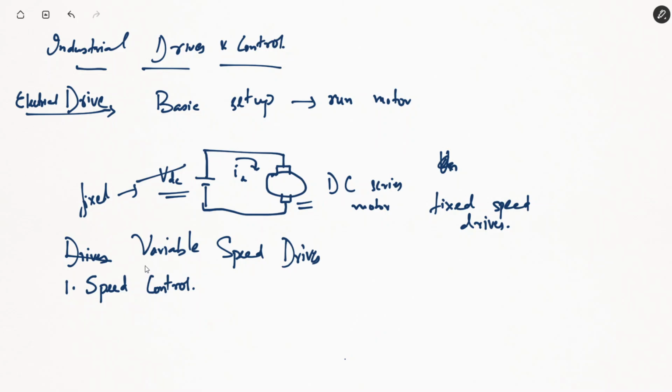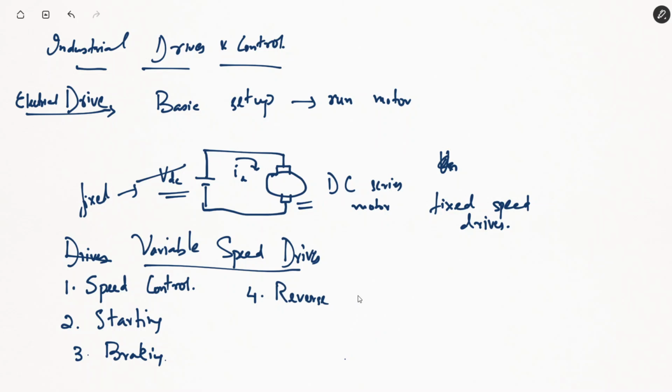So what will a variable speed drive help us in doing? It will help us in controlling the speed of the motor. It will help us in starting of the motor. It will help us in braking the motor. It will help us in reverse regeneration, regenerative braking भी जिसको हम कहते हैं, ठीक.